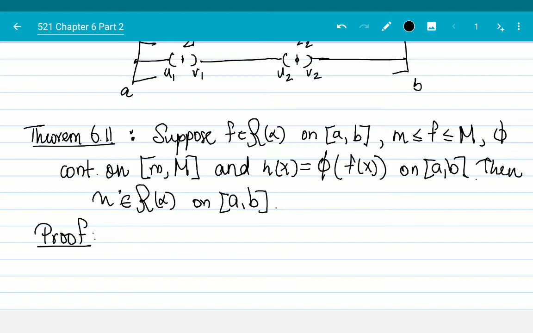Okay, let's prove this. Let epsilon greater than 0 be given.